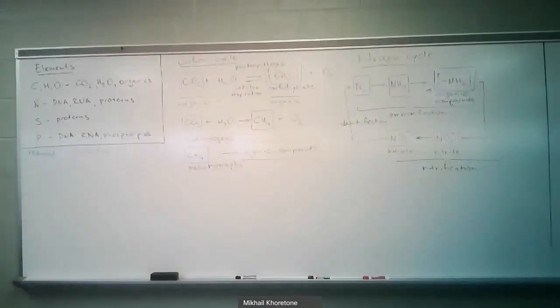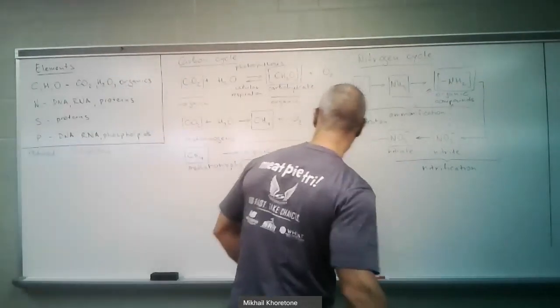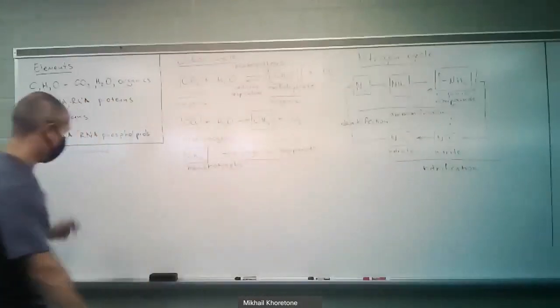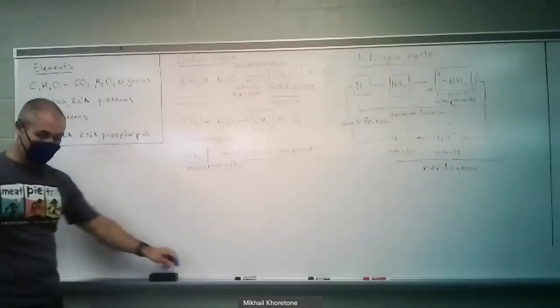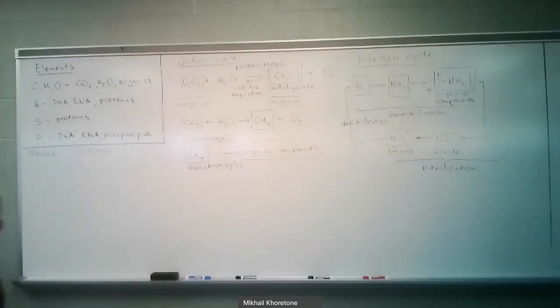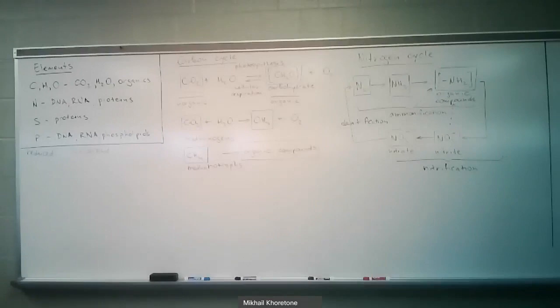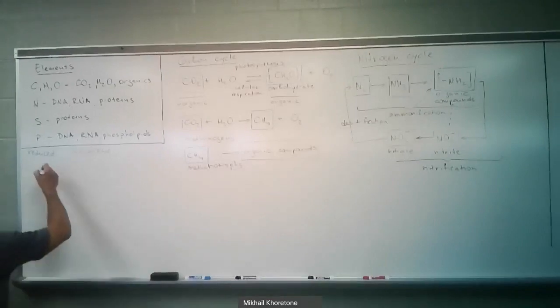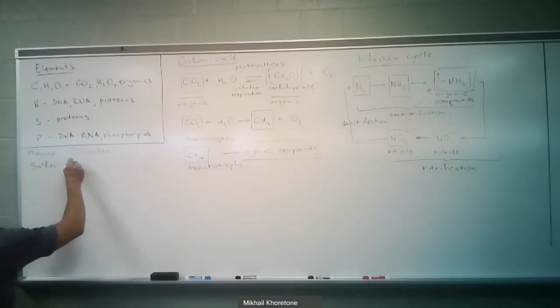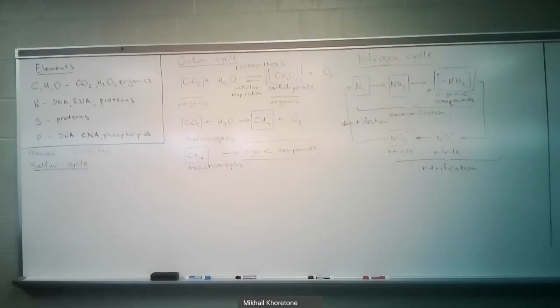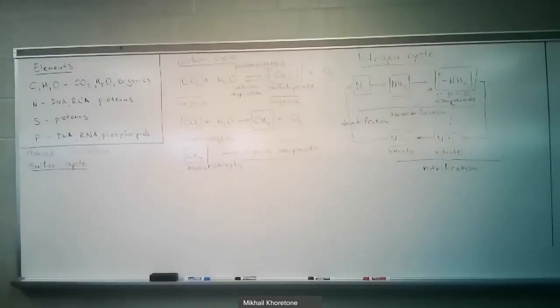Here. Because I'm trying to occupy as much space as I can, I'm going to move over to this side of it. And I'm going to talk about, finally, the sulfur cycle. The sulfur cycle is really a relatively simple idea.